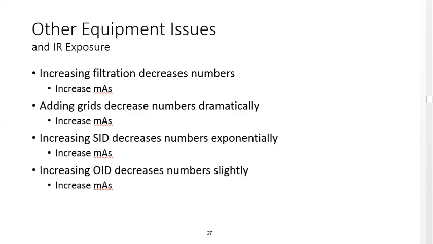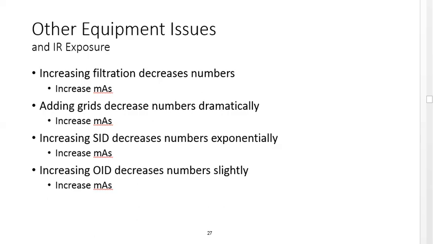So, other equipment and image receptor issues. If we increase our filtration, it decreases our numbers, so we have to increase our mAs. If we add a grid, then it decreases numbers dramatically, and we have to increase our mAs. What I mean by dramatically is we'll take a look at that in the next chapter, which is on cleaning up scatter control.